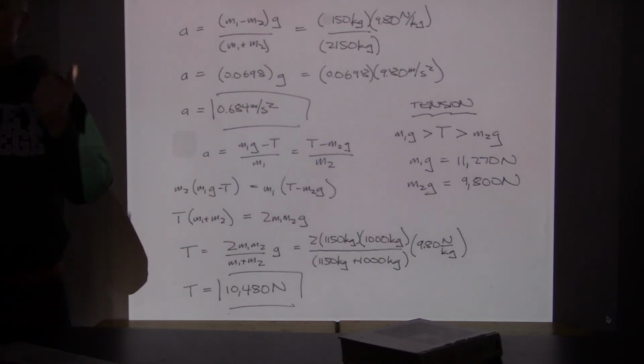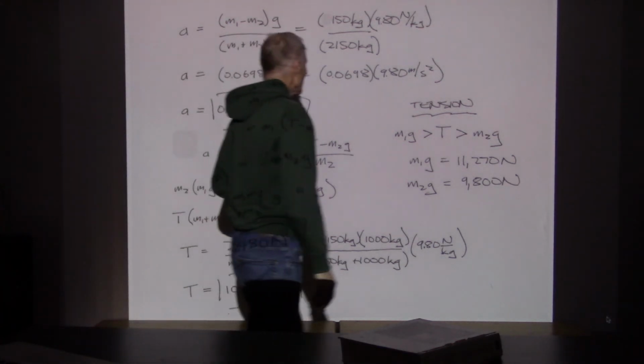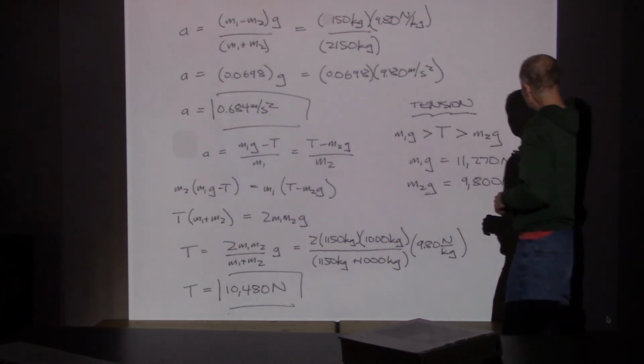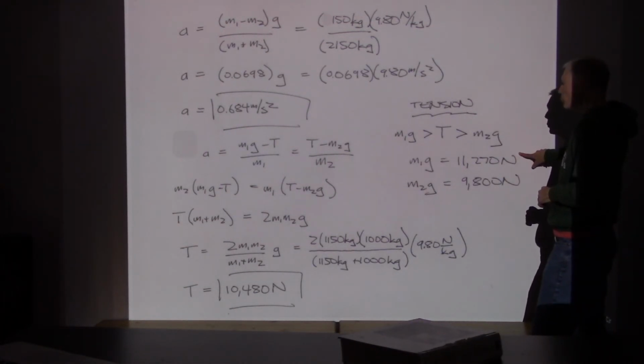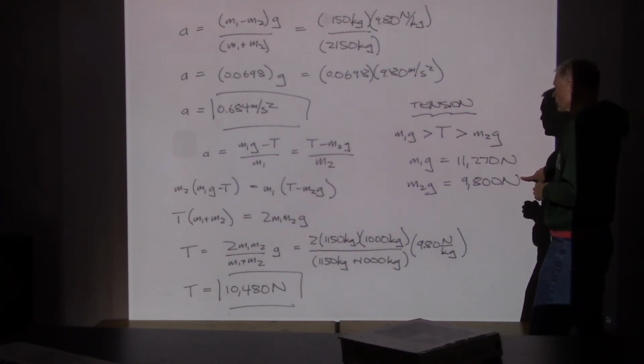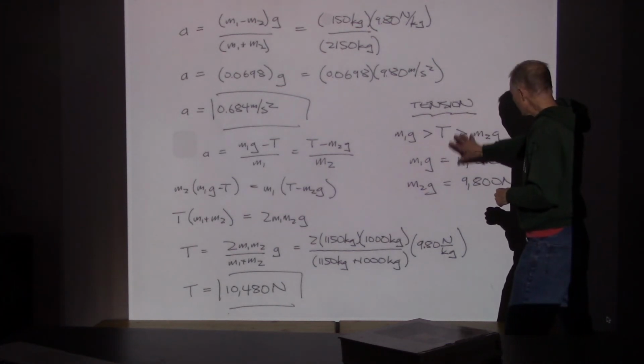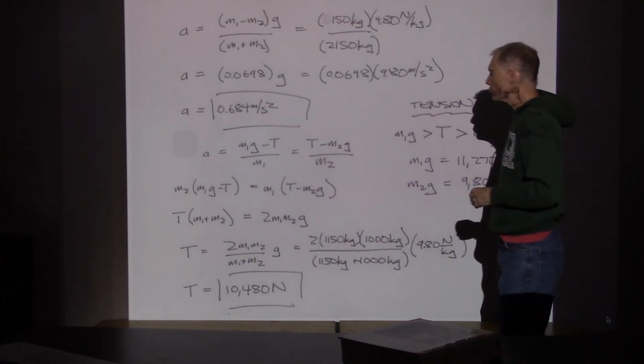So what I'm looking for in my answer is: m1g is 11,270 newtons. That's the gravitational force acting on the elevator. Here is the gravitational force acting on the counterweight. The tension has got to be intermediate to those two values.